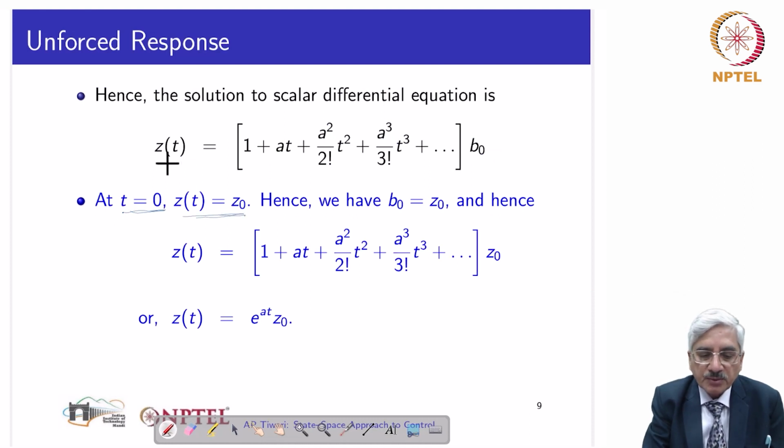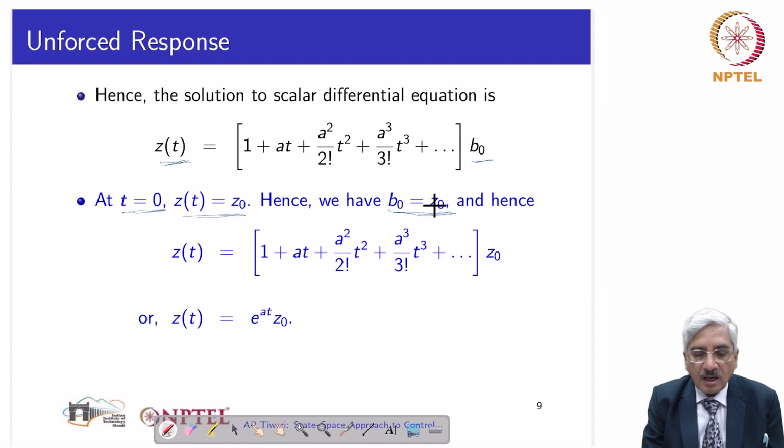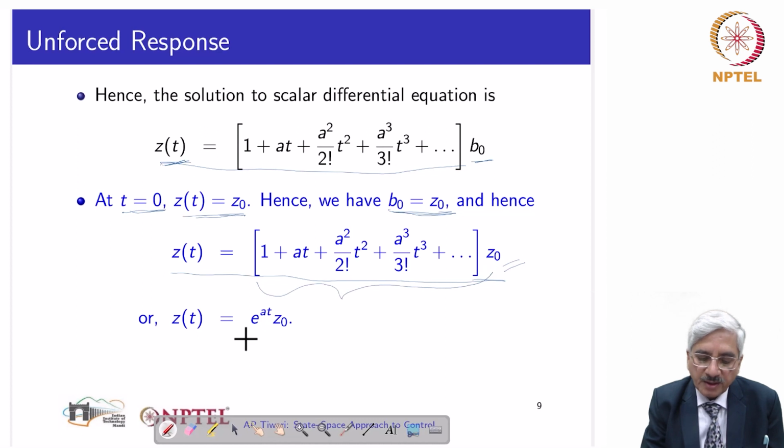So we substitute z0 equal to this 1 plus a into 0, a square into 0 etc. Essentially we will have z0 equal to b0, or b0 equal to z0. And this is substituted in the expression to get the solution: z(t) is 1 plus at plus a square t square by factorial 2 and so on, multiplied by z0, and we recognize that this is e power at.